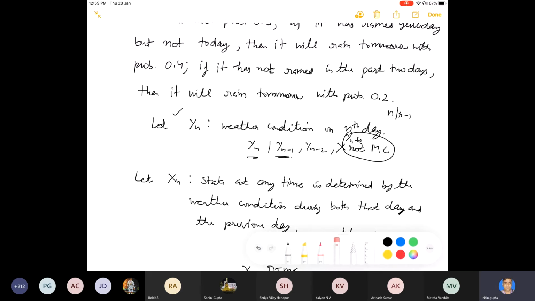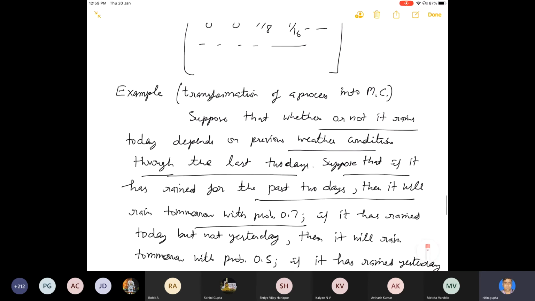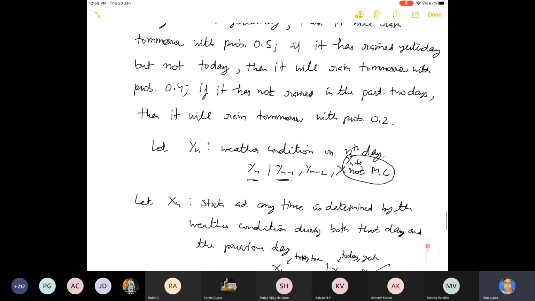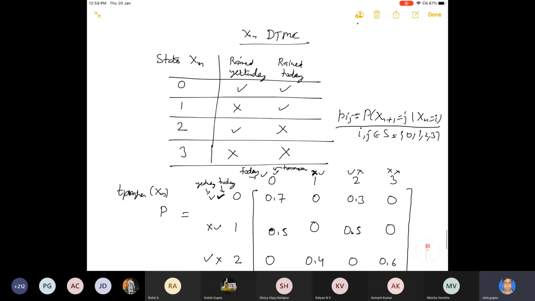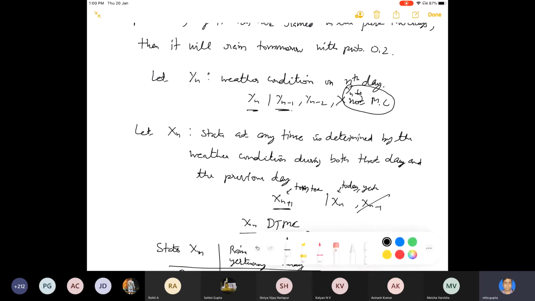But in this question, it is different because it depends on the weather condition of the last 2 days. So to take care of that, we have to make the states in this fashion such that it remains a discrete time Markov chain. Because if we make Yn the weather condition on that day, the weather condition will depend on the last 2 days, and by the definition, that is not a Markov chain.